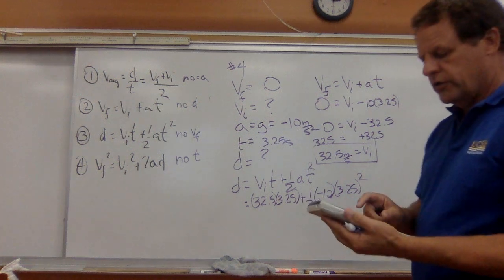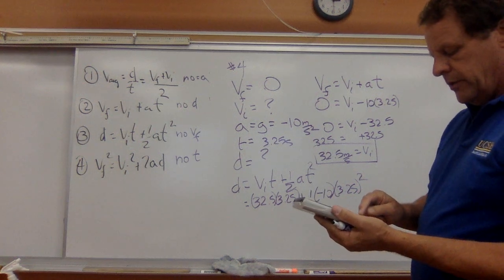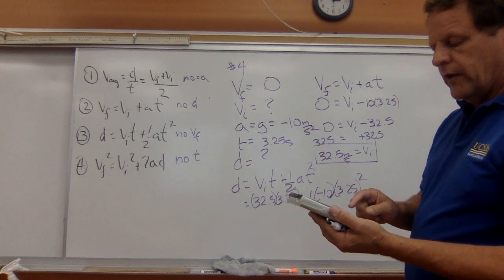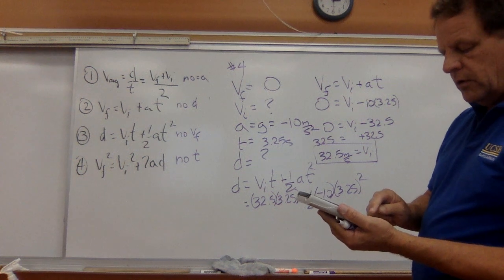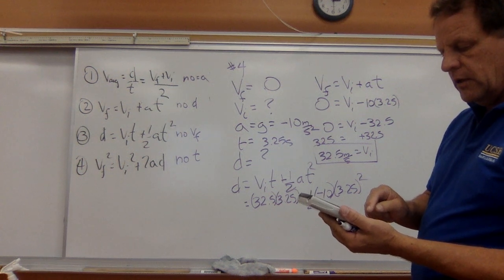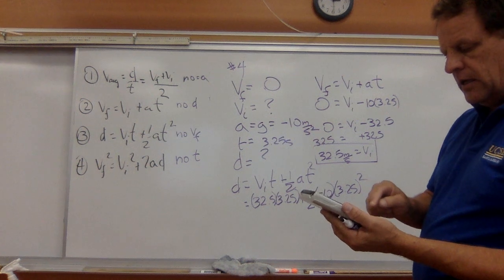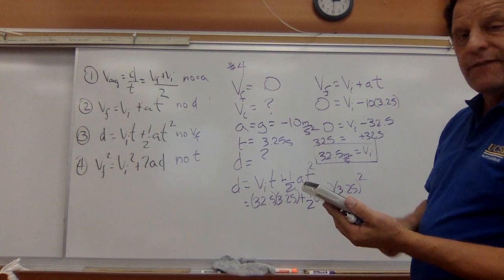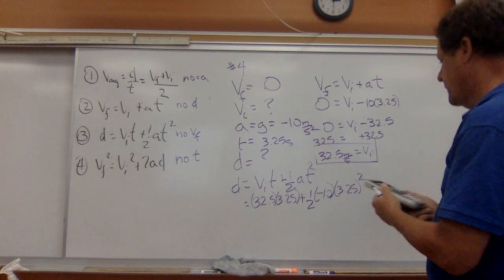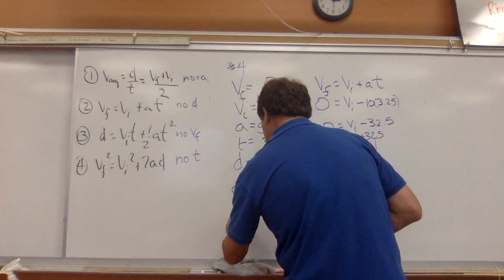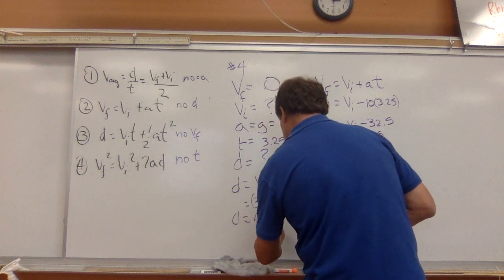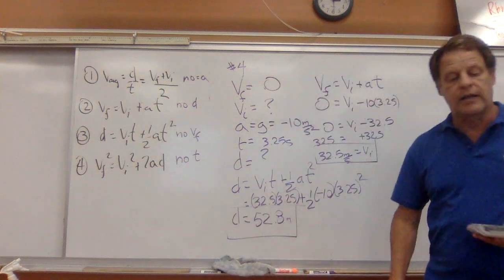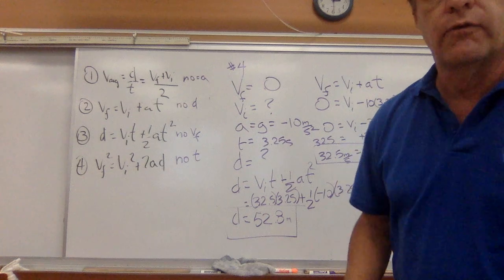If we plug that into our calculator, 32.5 times 3.25 is 105.625, minus 0.5 times 10 times 3.25 squared, and we're getting 52.8. So our distance is equal to 52.8 meters, and that is the answer we're looking for.